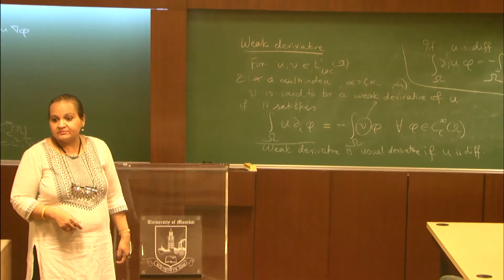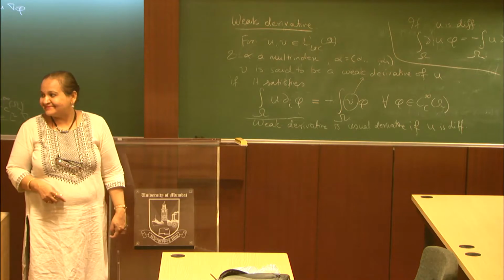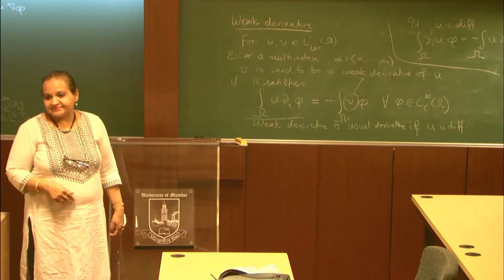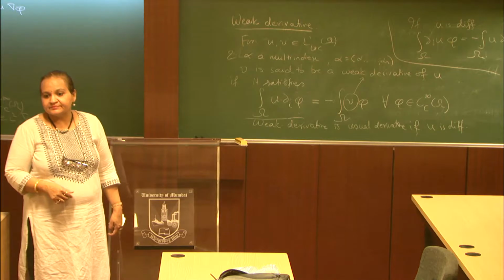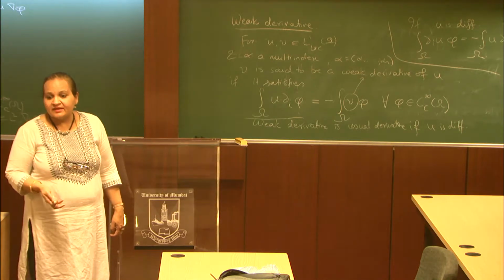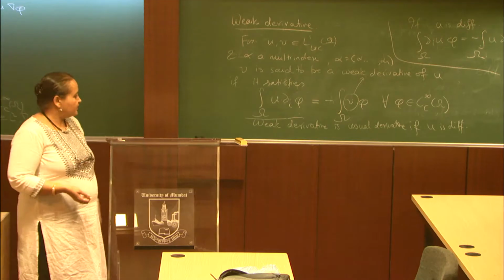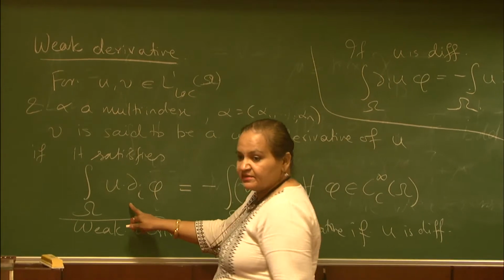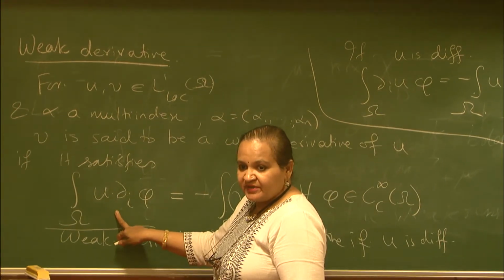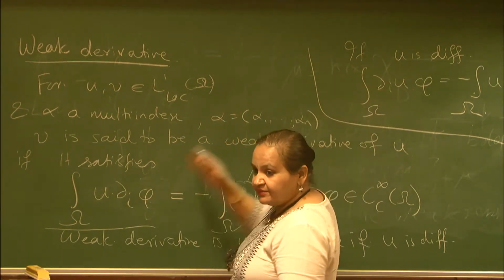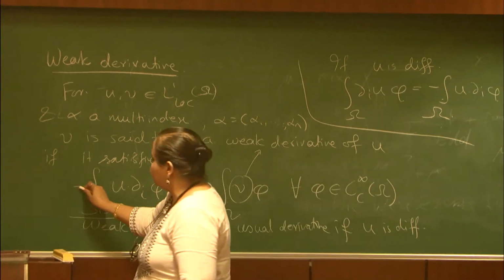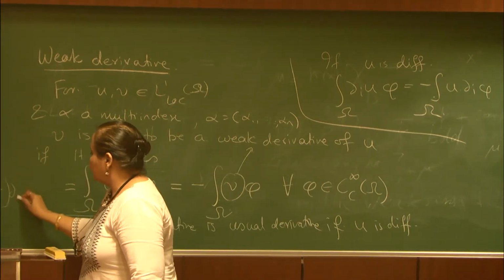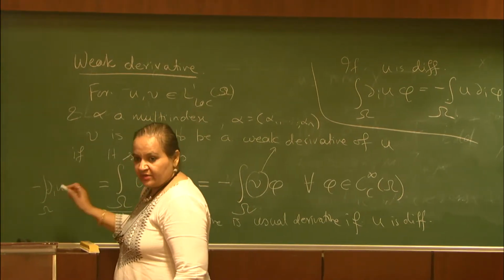Any ideas? di of u is equal to v, right? But why is that true? Because if u is differentiable, then whatever I did here, I will do here, right? And I will take it as minus integral of di u phi over omega.